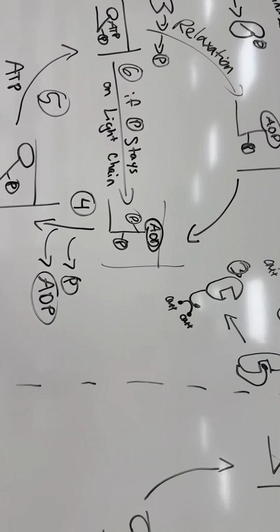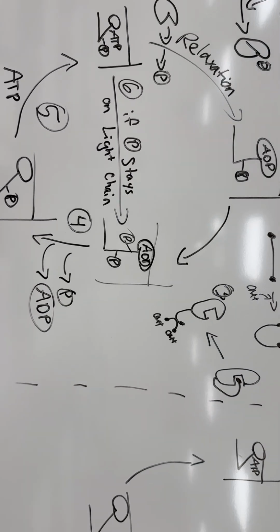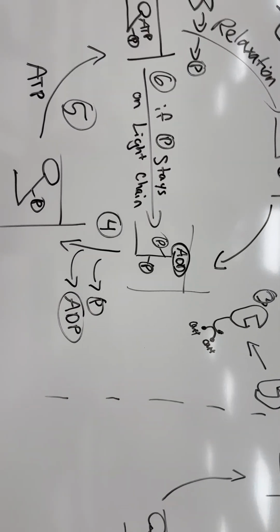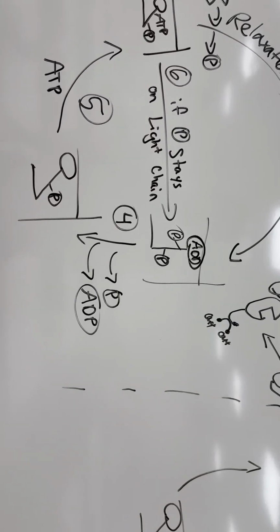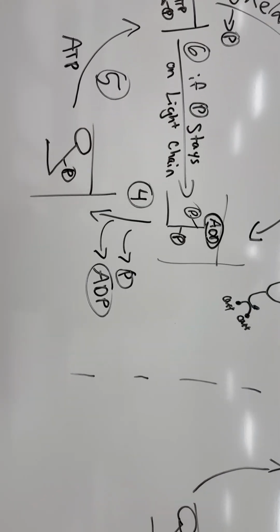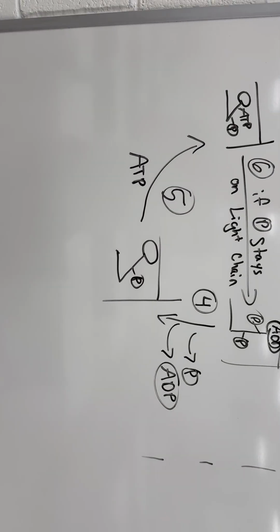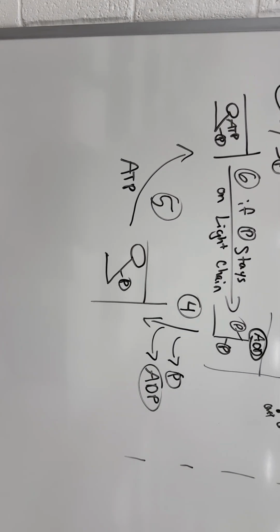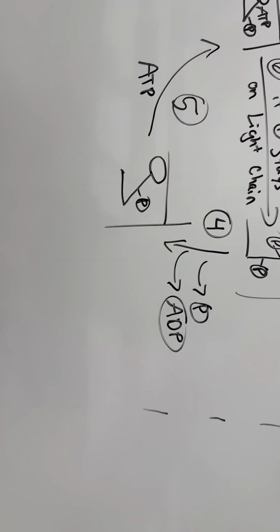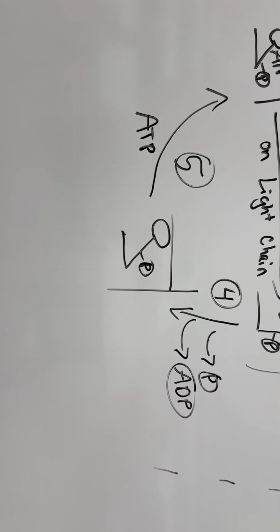Then that myosin is going to bond to the actin. Because of that bond, we lose our phosphate and we lose our ADP. And then we undergo our power stroke. The muscle contracts, the sliding filament model shortens.